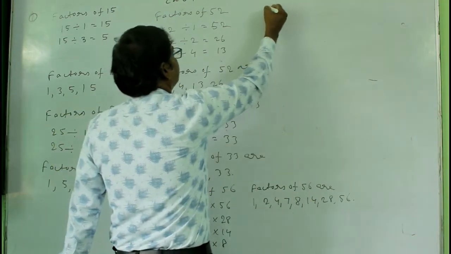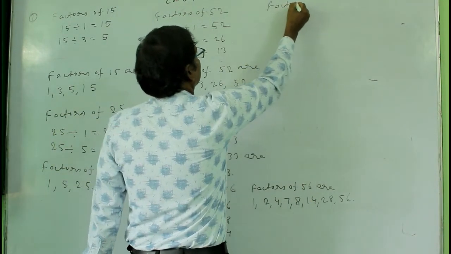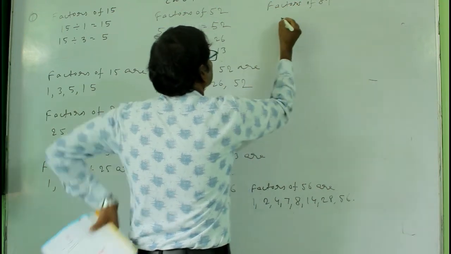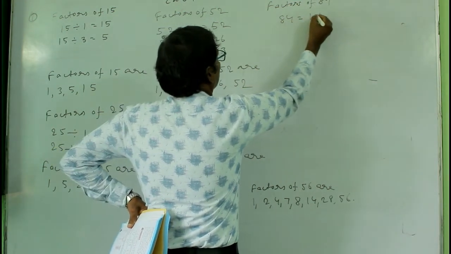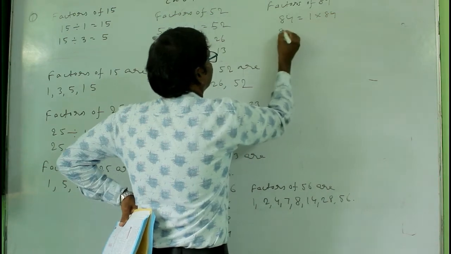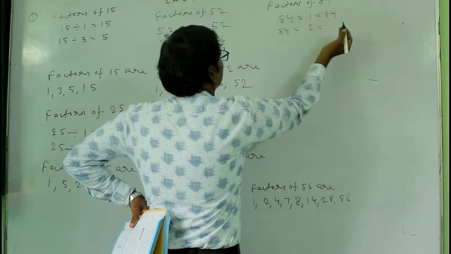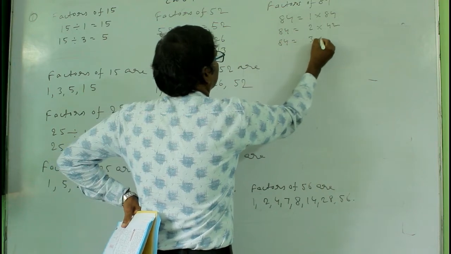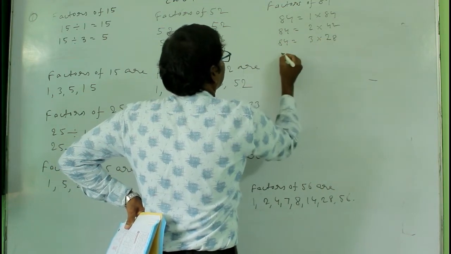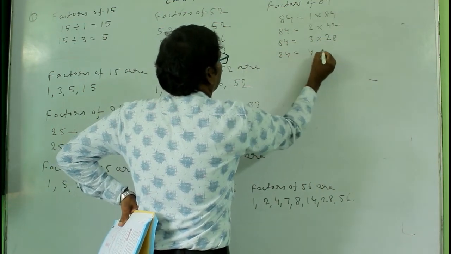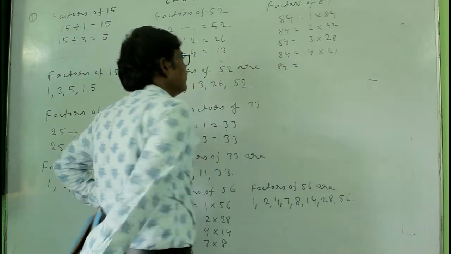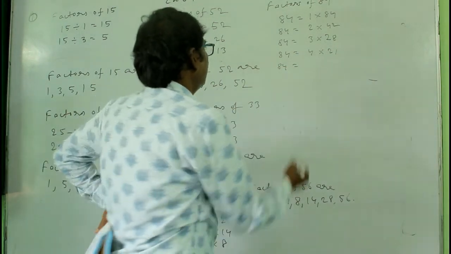So right here, 84. So first write 84 equal to 1 into 84, 2 into 42, 5, 6.